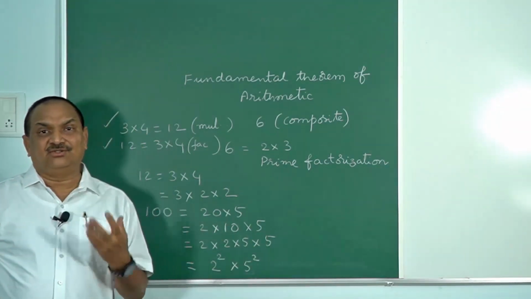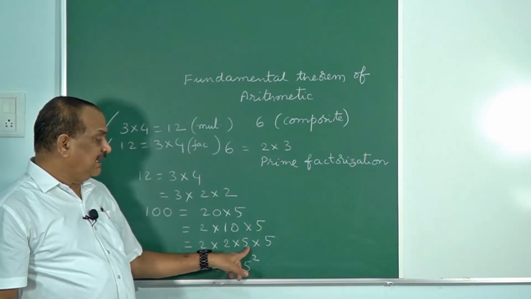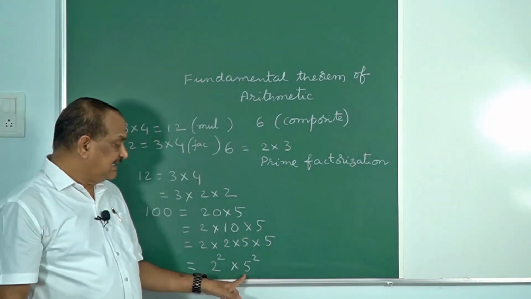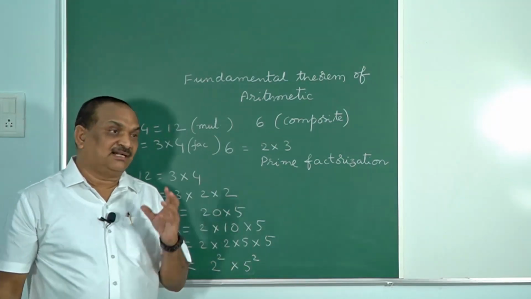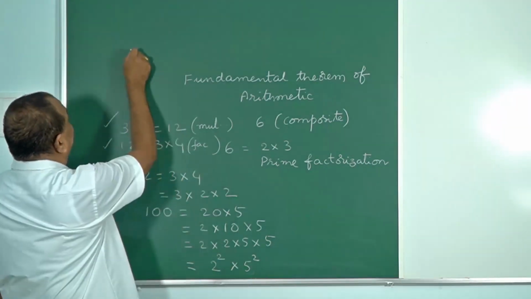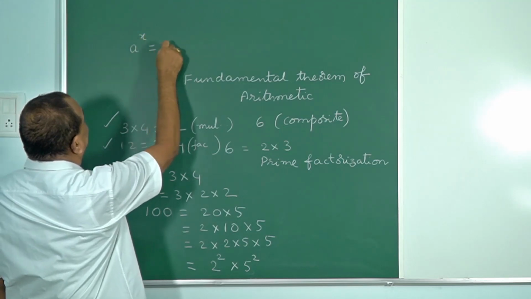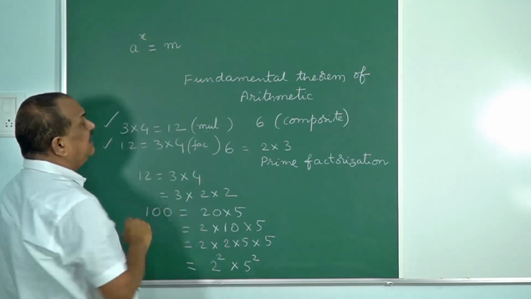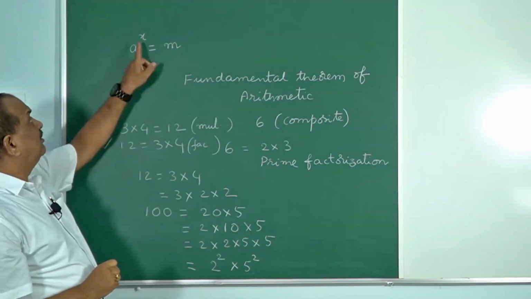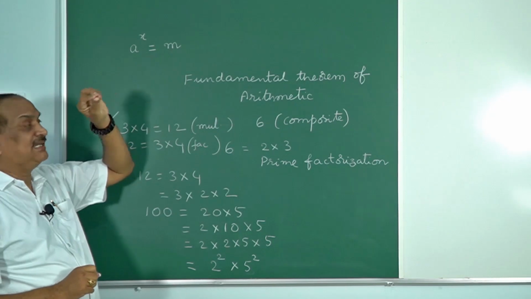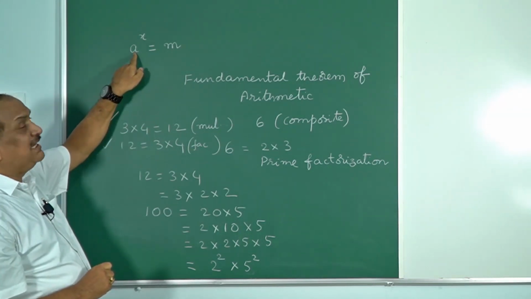So I want to tell you something. When you multiply the same number repeatedly, you can write it as a power. You should be a bit careful. Suppose you write a to the power x is equal to some m. This x is called the index, also called exponent. This a is the base.